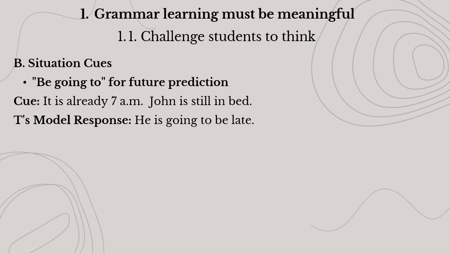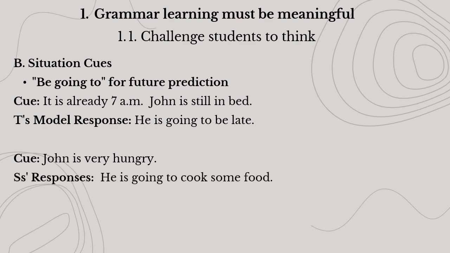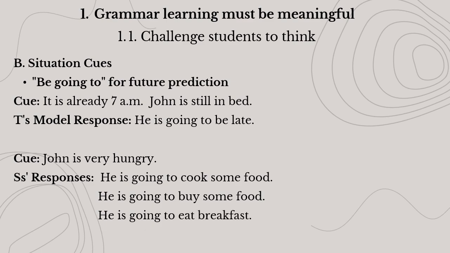Now you give students another cue, which says, John is very hungry. So here you may expect responses from students such as, he is going to cook some food, he is going to buy some food, or he is going to eat breakfast. Well, whatever that is, the point here isn't to get them to produce a fixed response, okay?